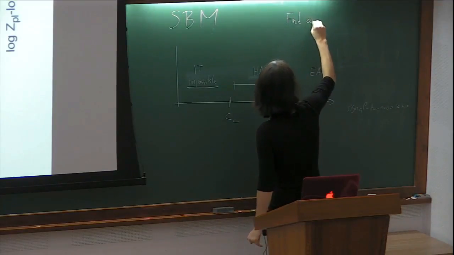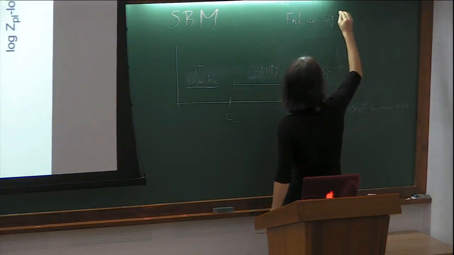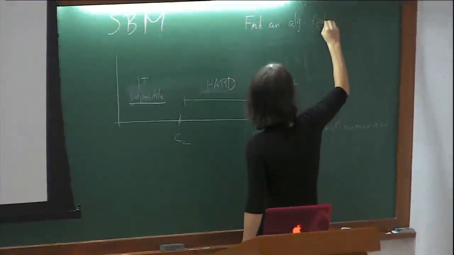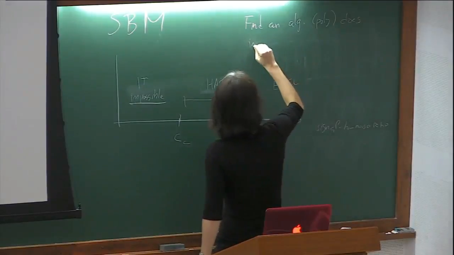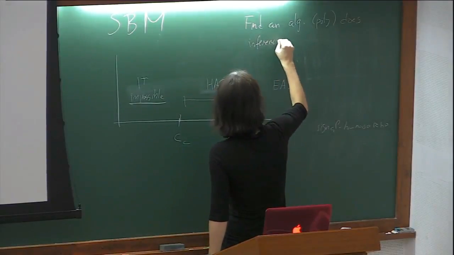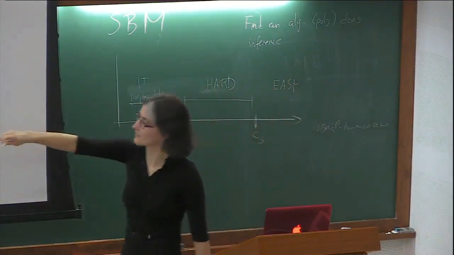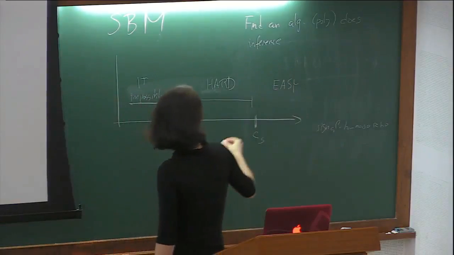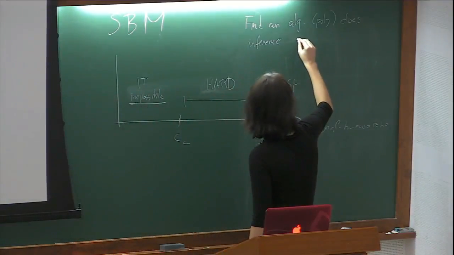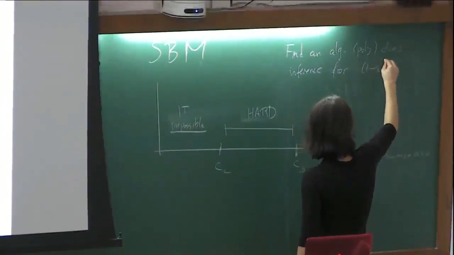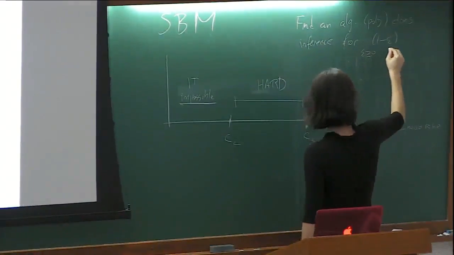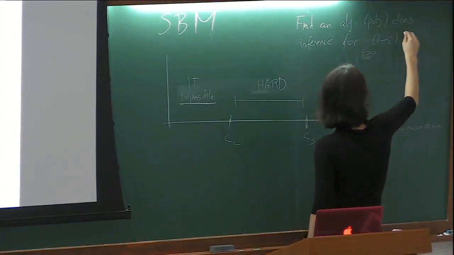find an algorithm, a polynomial one, that does inference better than chance, so better than this. It does inference for C greater than C_S, where epsilon is some small positive number, 1 minus epsilon.